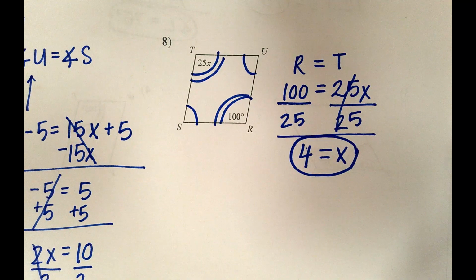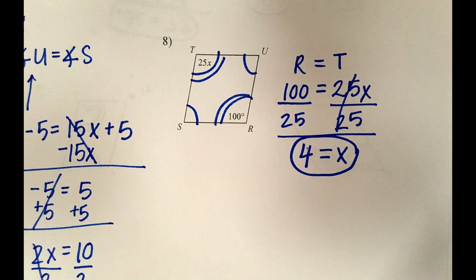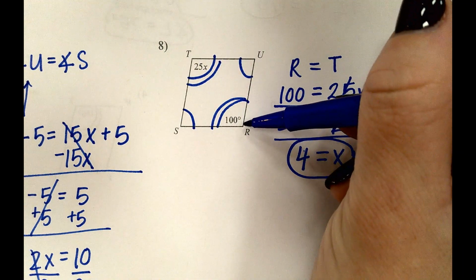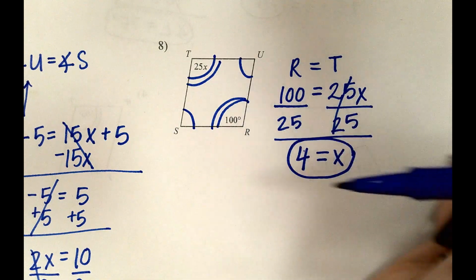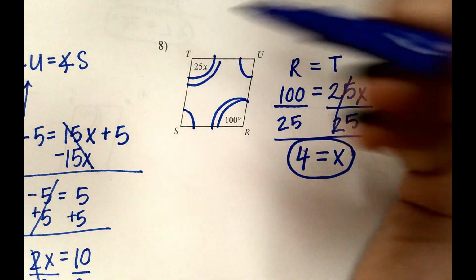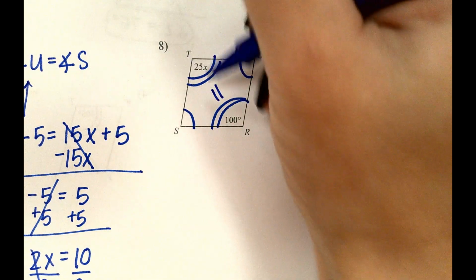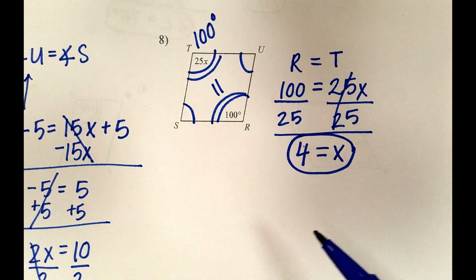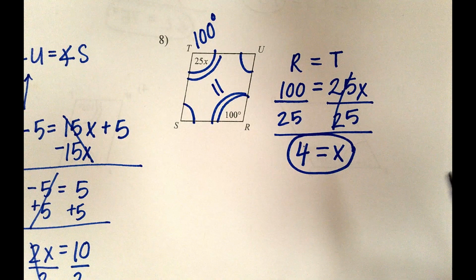What is the measure of angle T? I know angle R. 100. It's opposite, so it's equal. What about angle S and angle U? 80.